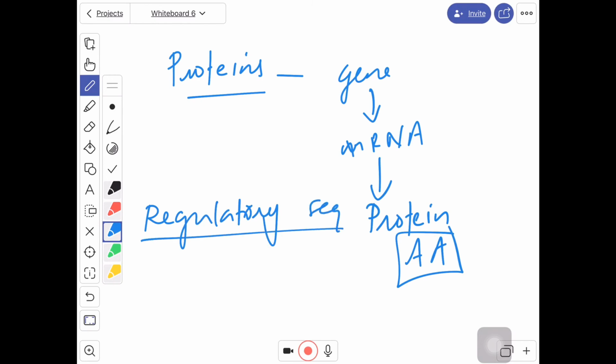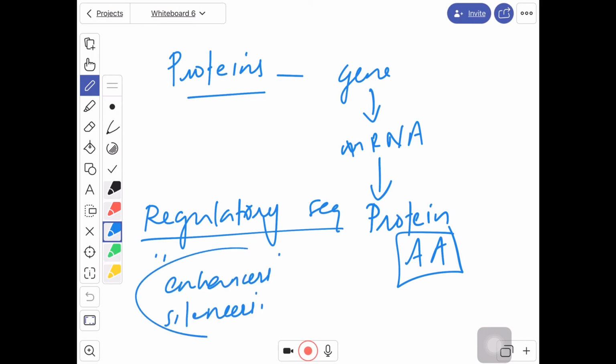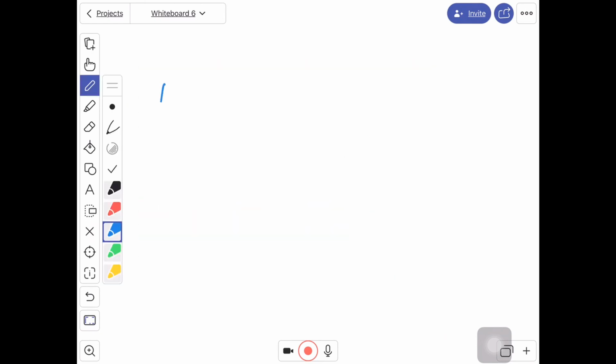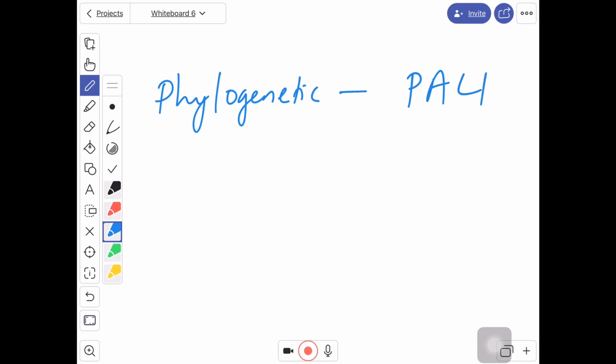If a gene sequence is there with you, enhancers and silencers can also be identified using bioinformatic databases. Phylogenetic, meaning evolutionary, relationships can be identified using various databases. Like PALI, we had a discussion on PALI. This is a database exclusively for that.